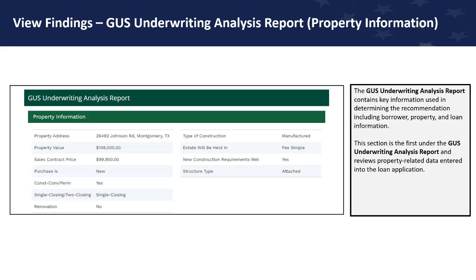Type of construction is listed. Estate will be held in is listed. New construction requirements met is listed if the loan purpose is purchase and the purchase is new. Existing construction requirements met is listed if the loan purpose is purchase and the purchase is existing. And finally, structure type is listed.